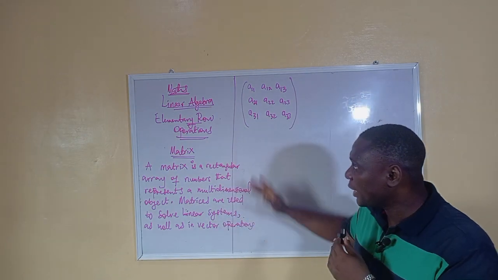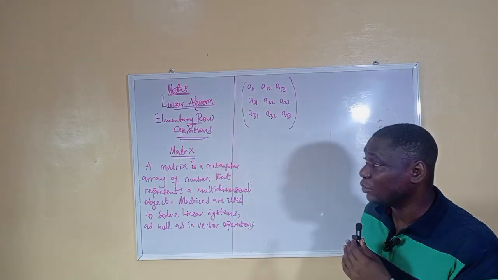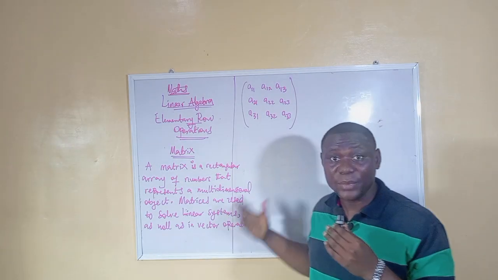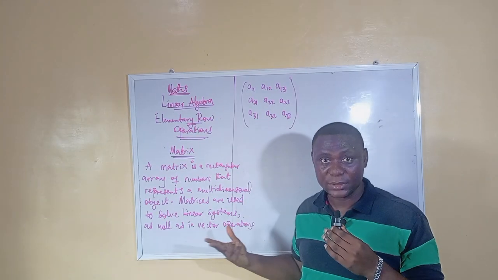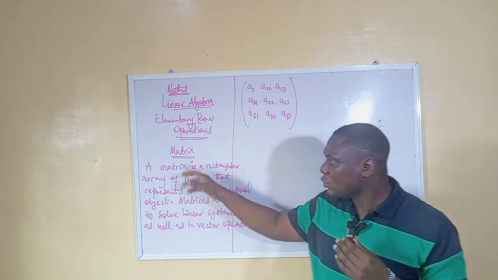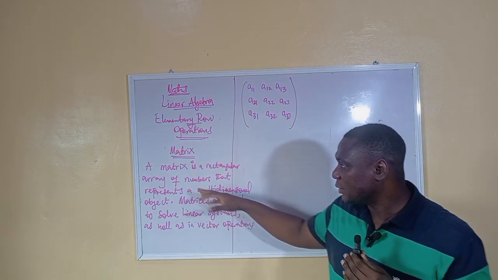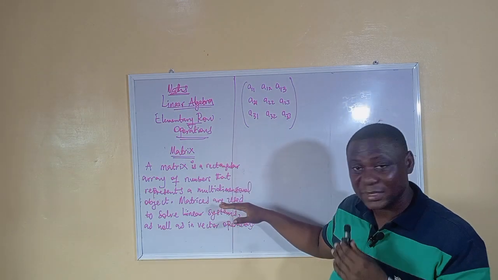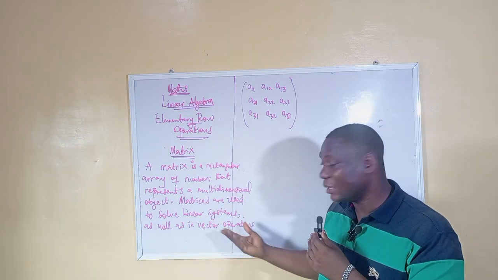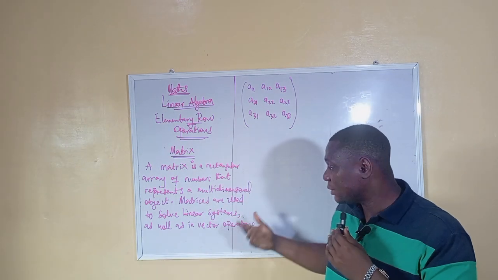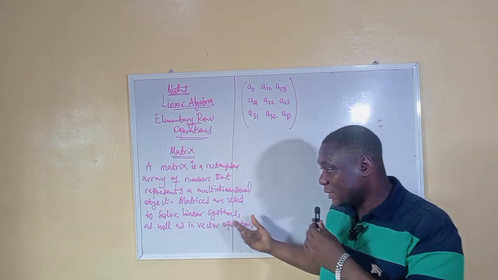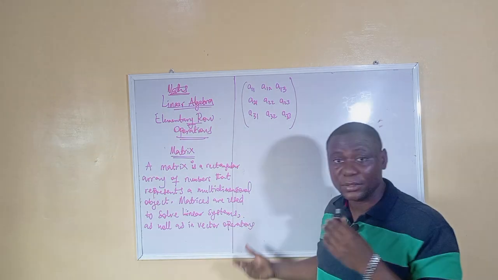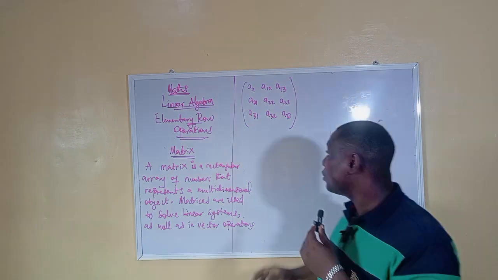So today, here we are on elementary operations, and we'll be using matrices. So what's a matrix? A matrix is a rectangular array of numbers that represents a multi-dimensional object. Matrices are used to solve linear systems as well as in vector operations.